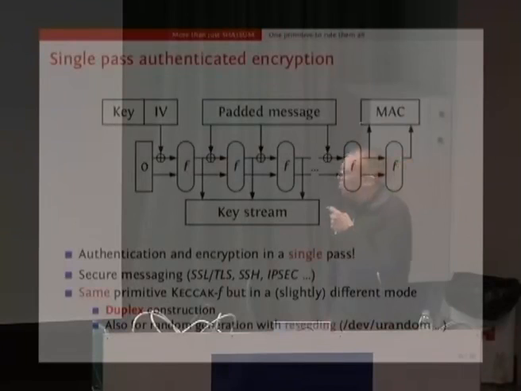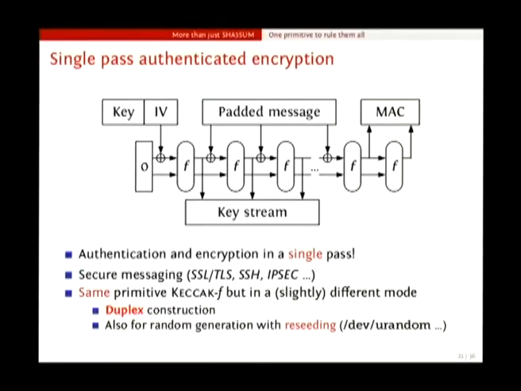These are things that are also used in SSL and TLS, SSH, IPsec. In many protocols, this is what you need: encryption and authentication at the same time. Now this is not a straightforward application of the sponge construction. In fact, according to the sponge construction, you cannot do this, because the padded message is absorbed and the key stream is squeezed at the same time.